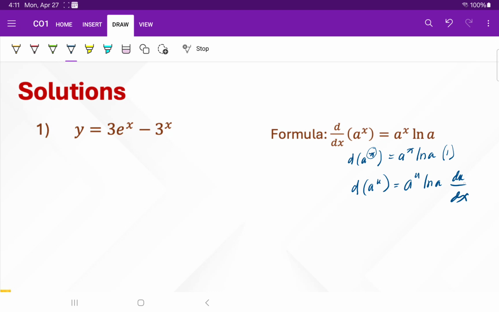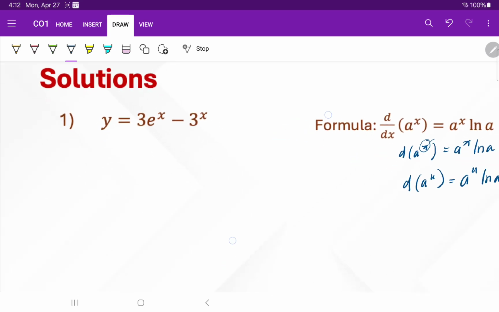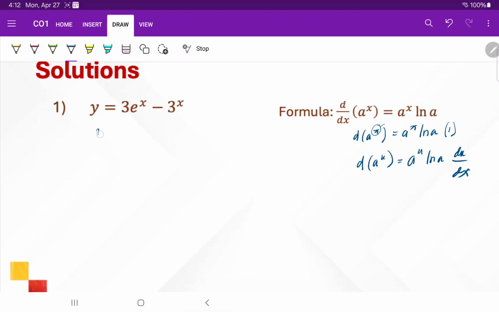Ln of a times the derivative of u with respect to x. We have here u, which is x. Alright, so for this one, what's our y prime? If we have a constant times another function, we simply write the constant term and then multiply it by the derivative of e to the x. And what's the derivative of e to the x?